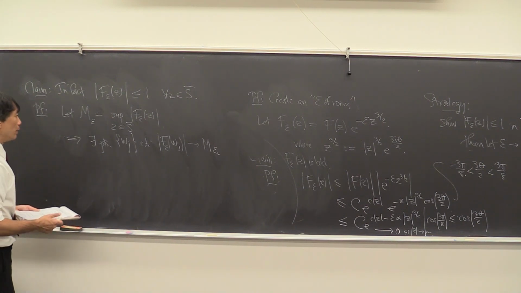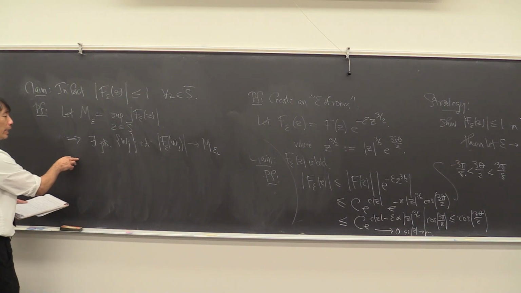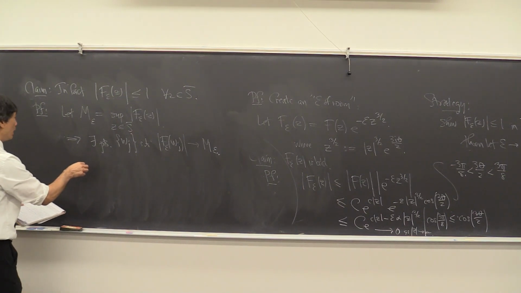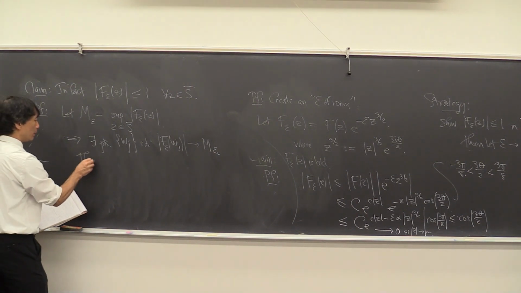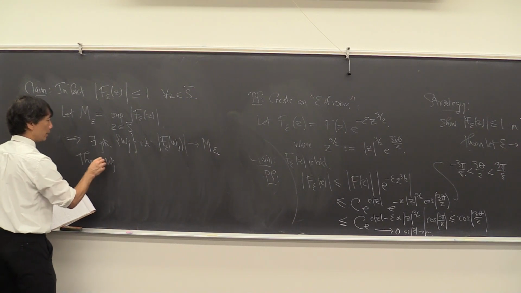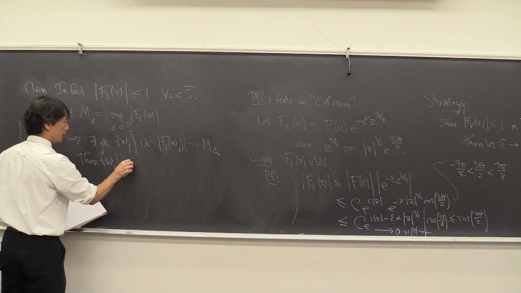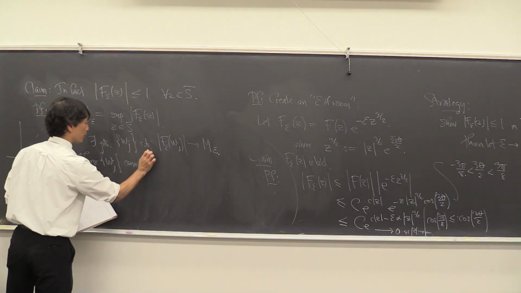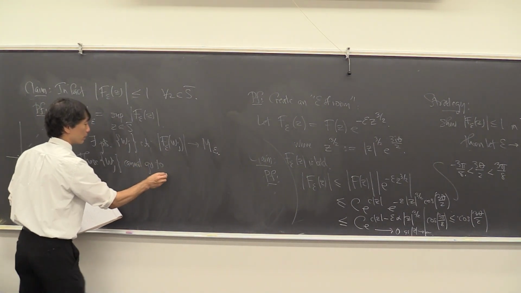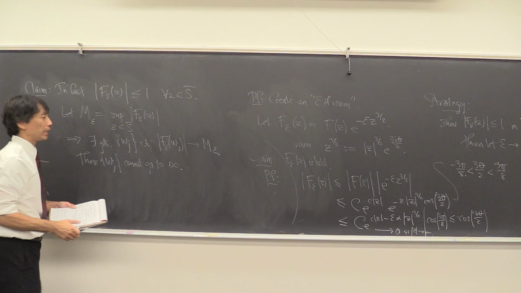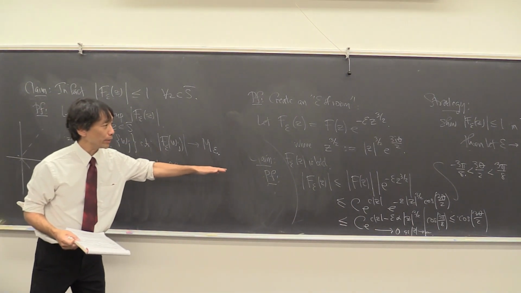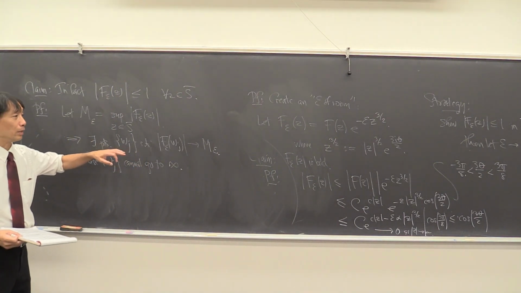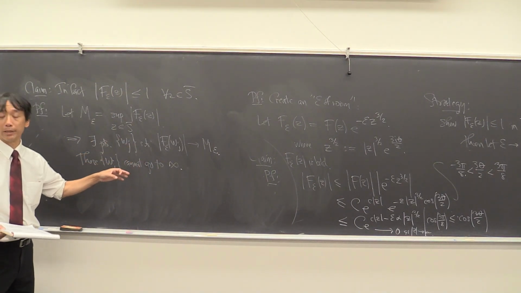Okay, so right. The observation to make here is that these points, these Wj, cannot go to infinity. Right? They can't go to infinity because the function goes to 0 outside there.